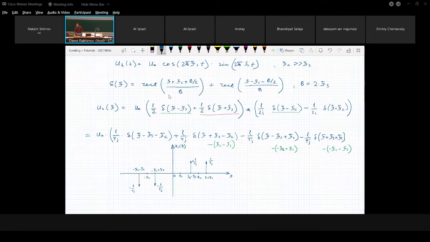Just need to be sure, because you have two options. You can assume that the carrier frequency is smaller than the signal frequency for some reason. Then the plot will be slightly different, because you will place delta pulses in a different negative range. To be clear, we just make this assumption to avoid any ambiguity.